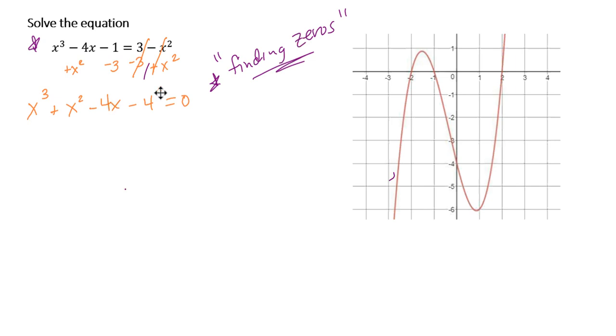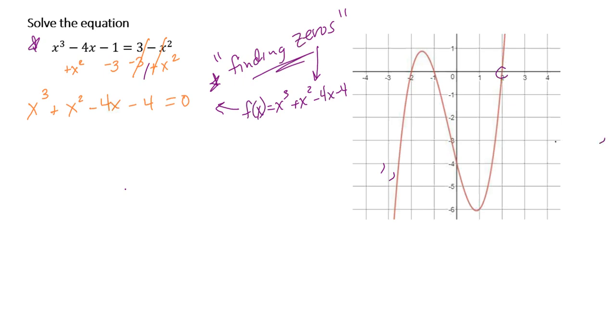This equation is if I had said f of x equals x cubed plus x squared minus 4x minus 4, and I asked you to find the zeros, we would have set it equal to 0, and then started our whole process of, okay, do I have any intercepts? Do synthetic division with my intercepts and keep working my way down.